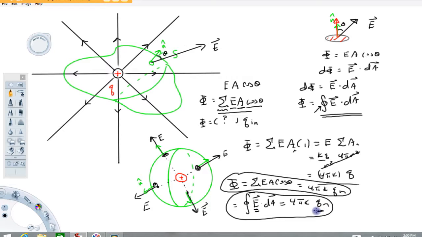But it can also be used to figure out things like charge or charge densities. It can be used to find both surface and volume charge densities, and linear charge densities for that matter, under the right set of circumstances. So basically it gives us information about either electric fields or how charge is distributed in space, the two main uses.